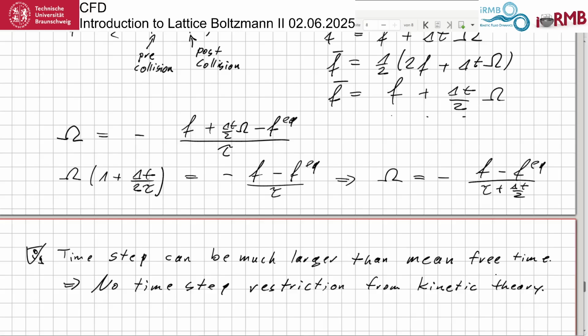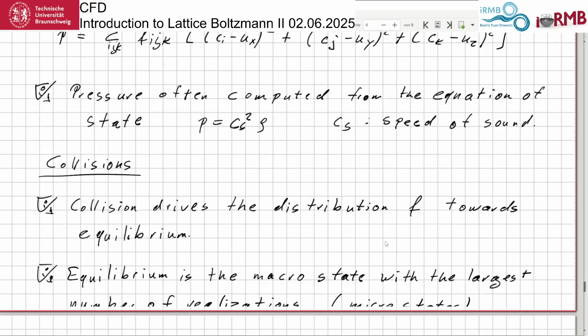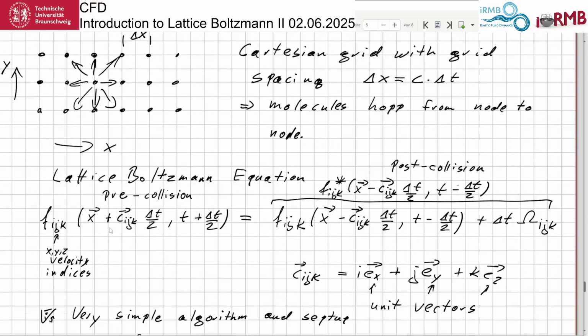To make this clearer, I immediately start from the symmetric discretization. Because you can also write this in a non-symmetric way, which would do the same thing, and assume you're solving the equation not for f bar, but for f.